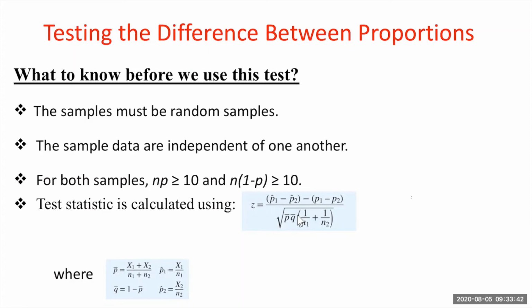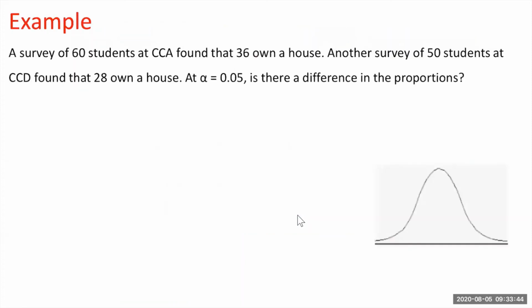Let's take an example. A survey of 60 students at CCA found that 36 own house. Another survey of 50 students at CCD found that 28 own house.